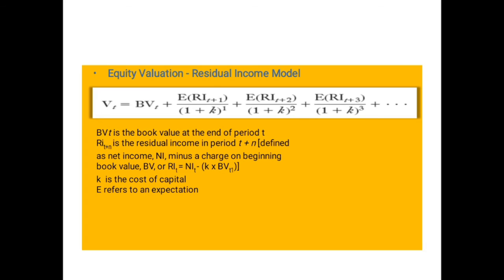And then the last is equity valuation minus residual income model. It tells about the book value at the end of the period, the residual income, and then the net income, the cost of capital, and also the expectation of the future.